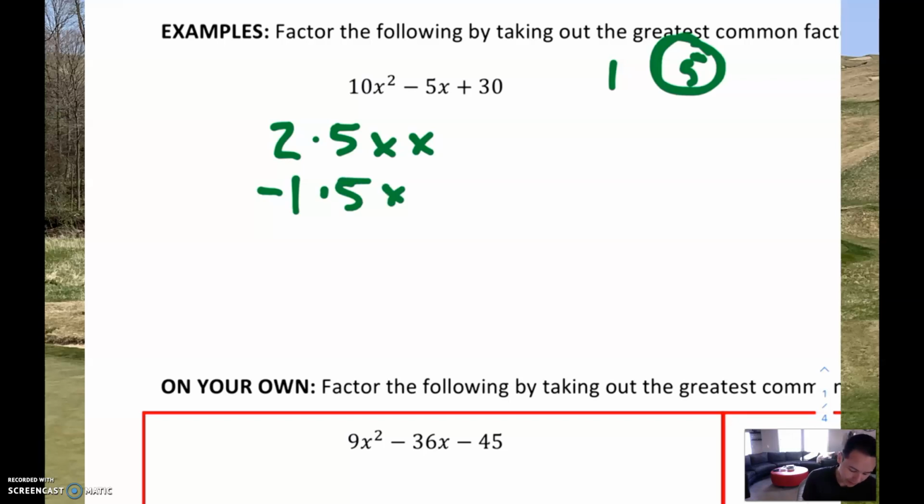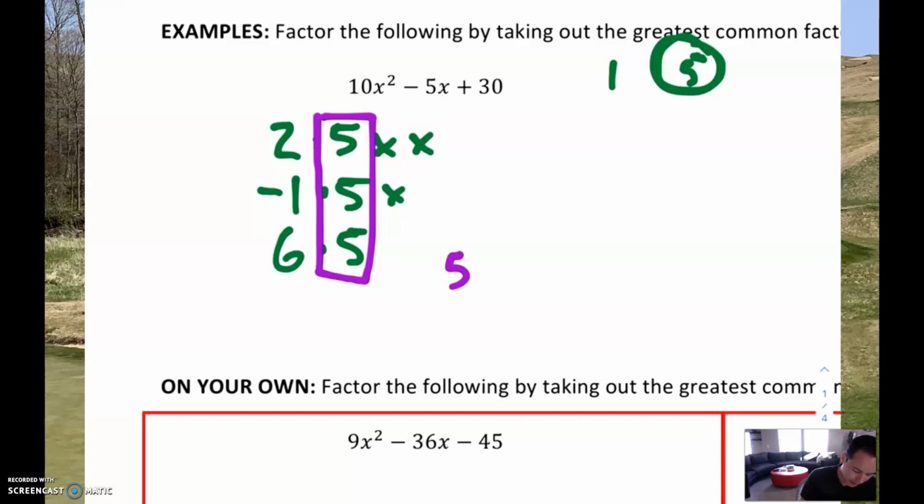And 30 can be rewritten as 6 times 5. So all I did is rewrite all of these with a 5 in there. Now we have to identify what they have in common, and what they all have in common is this 5.